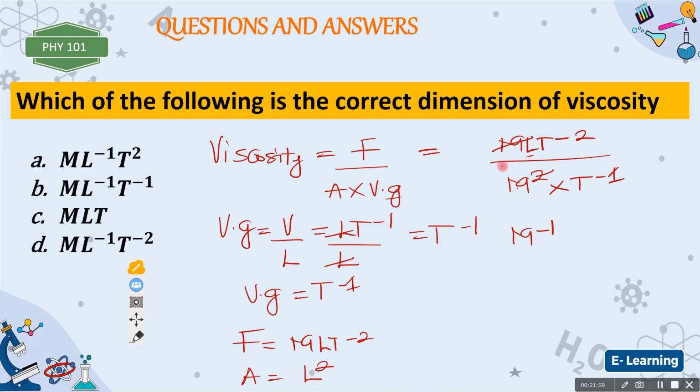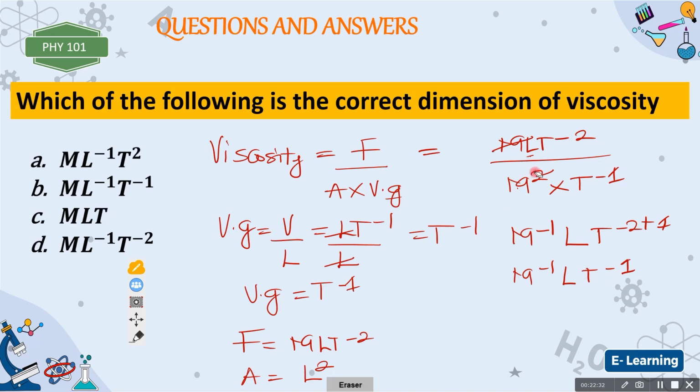Are you sure I'm not making any mistake? And then this T minus 1 crosses up. It becomes T minus 2 plus 1.